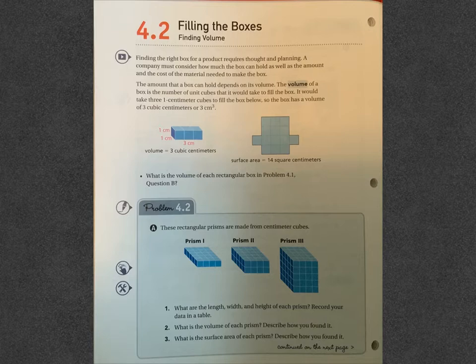And in here, you can see that they are using centimeters. So you've got 1 unit cube, that is 1 by 1 by 1 equals 1. With volume, you use centimeters cubed because you're multiplying 3 dimensions.